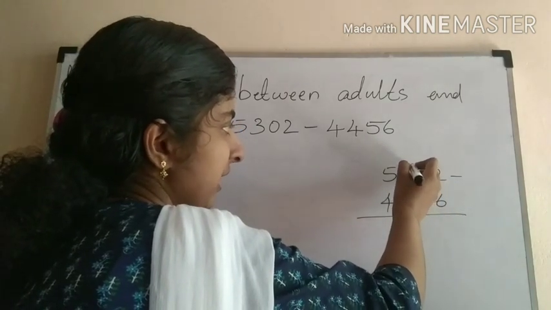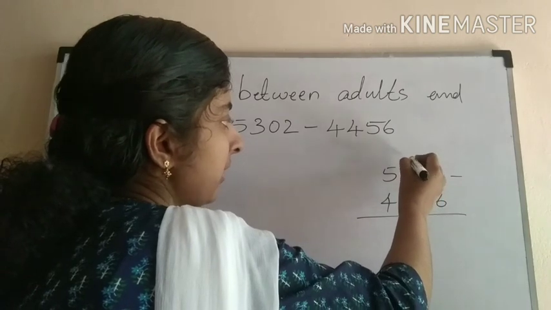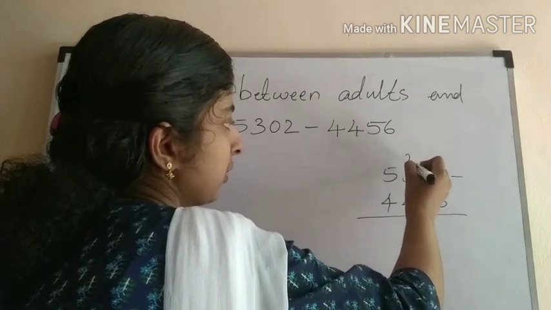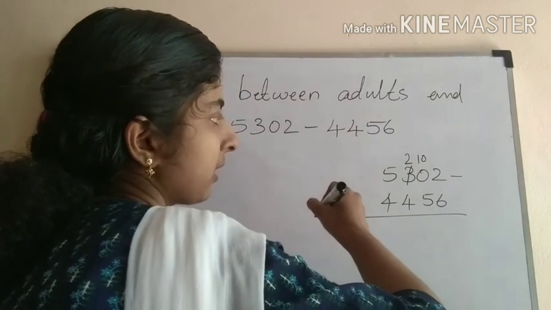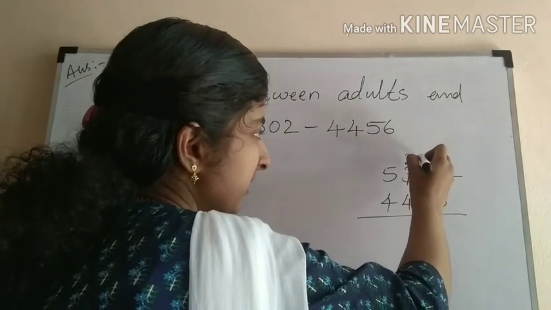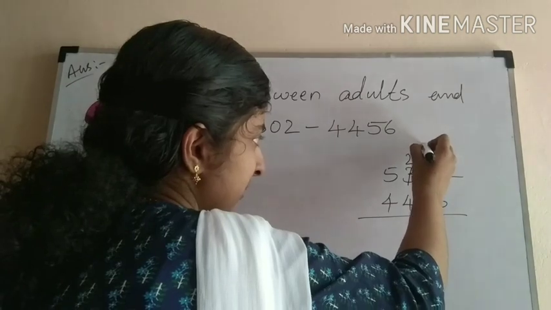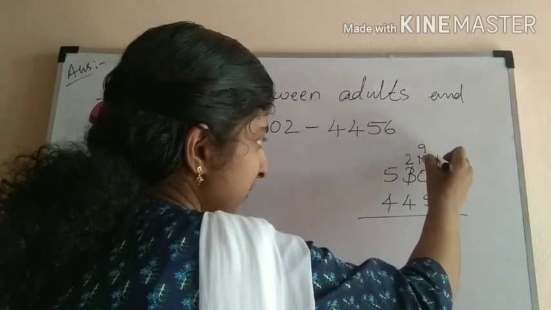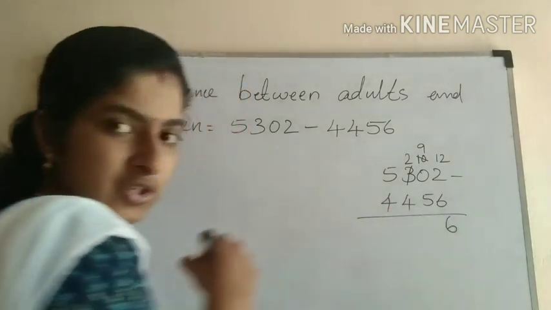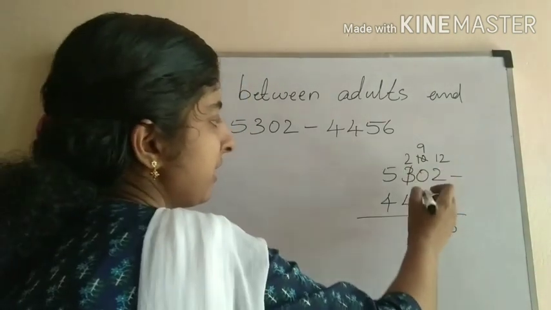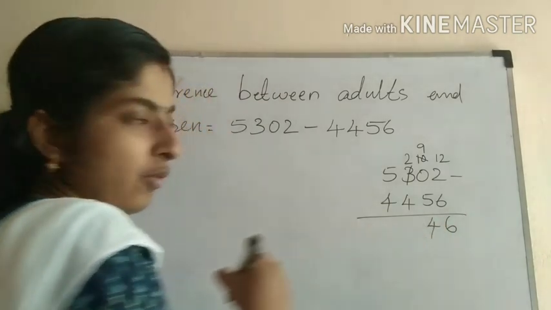Hundreds place 3 is there. After taking 1, 3 becomes 2. After taking 1, this tens place becomes 10. After taking 1 from this tens place, the tens place becomes 9 and the ones place becomes 12. 12 minus 6, answer is 6. Here, 9 minus 5, answer is 4.